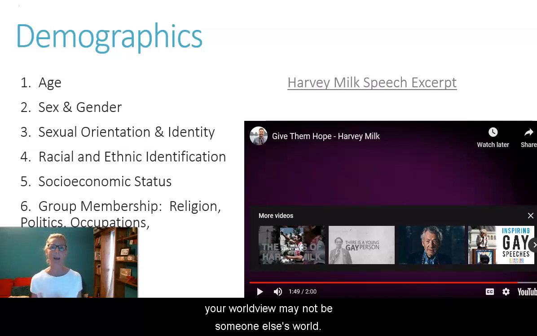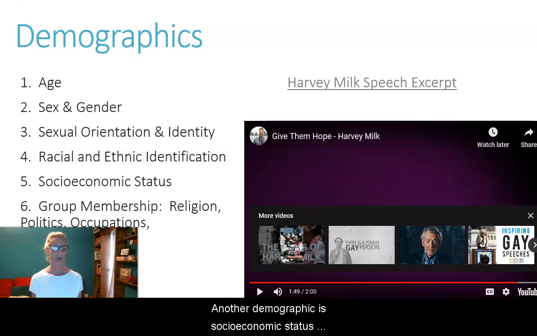Your worldview may not be someone else's worldview. And you have to educate yourself. You have to understand. That's why history is so important to rhetoricians, to public speakers. You have to know your history so that you can best connect with people and that you can include and not exclude people, to create common ground, to create identification.